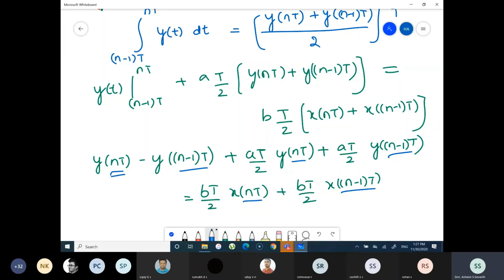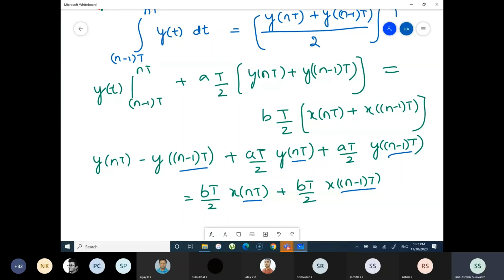No, right? We just write it as x of n, y of n. Why? Because that T is understood there. It is sampled at those instances. So instead of writing y of nT, y of (n minus 1)T, we will write it in the form that we are used to writing always, a discrete time signal.